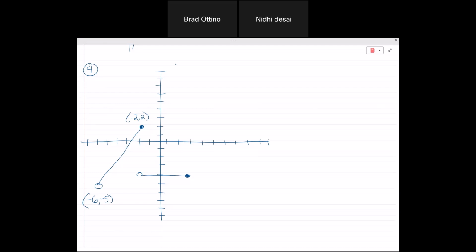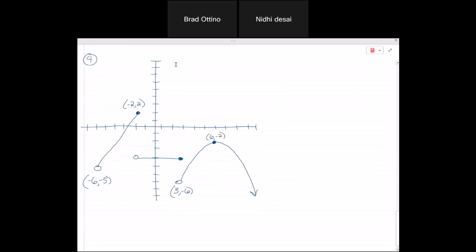And then I'm going to draw a parabola at 3, negative 6. To right here, which is 1, 2, 3, 4, 5, 6, negative 2. And then I'm going to have it go down from there. And I'm going to ask you to list or find a few different things here.